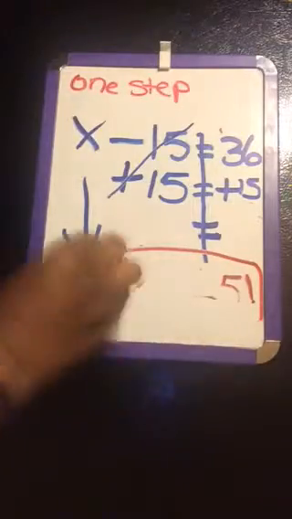So we're going to do one more. Okay, so let's solve for z. z plus 2 equals 12.